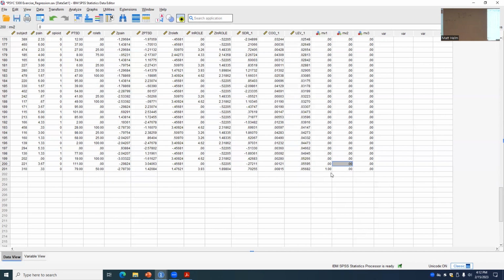For MB2, I'm going to set my second highest leverage value to 1, and the third likewise for MB3. So I have an indicator variable where a 1 indicates each one of these individual cases. Everybody else gets a 0.